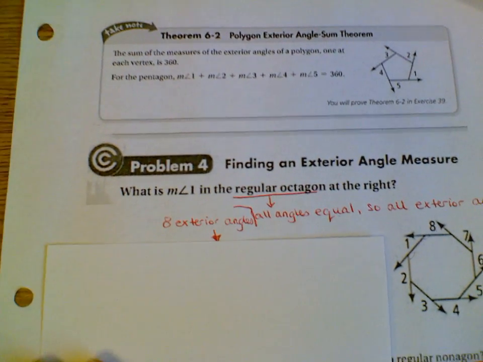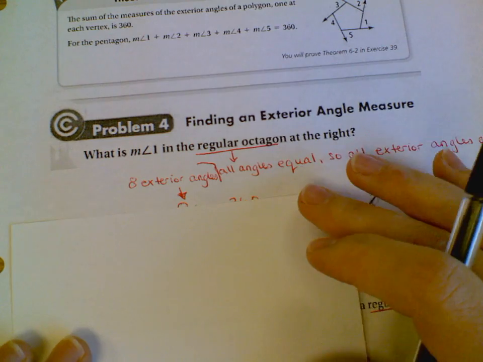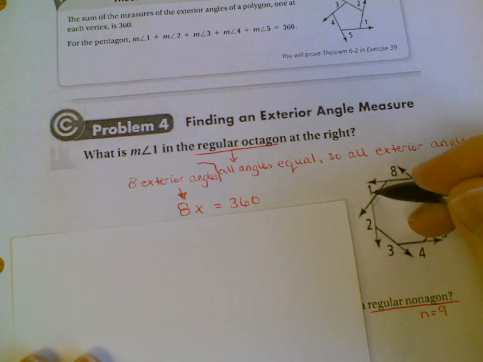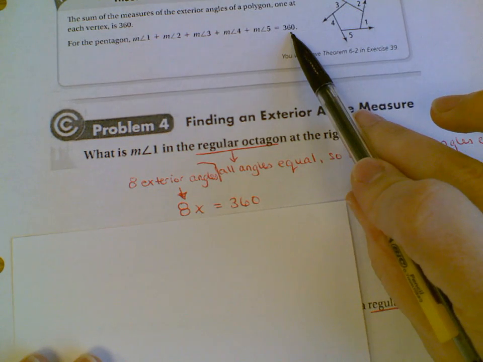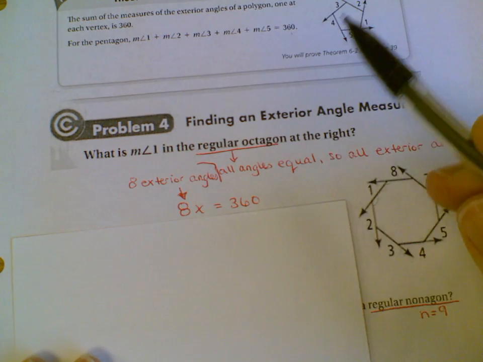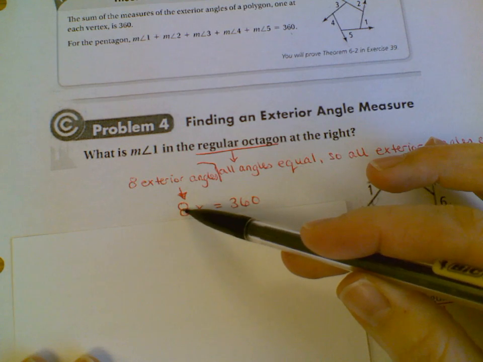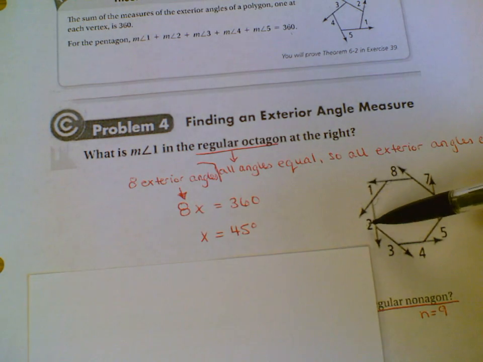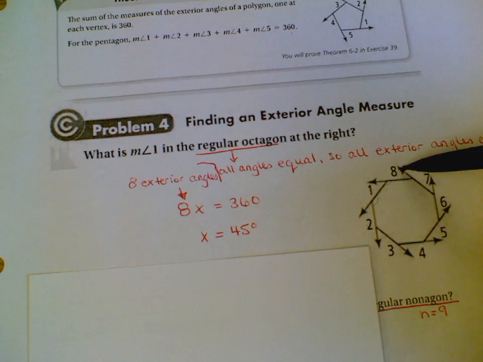If all of those angles are the same, they also have to add up to 360. So I can just do a simple equation, 8x equals 360, and divide by 8. Each of these exterior angles would be 45 degrees.